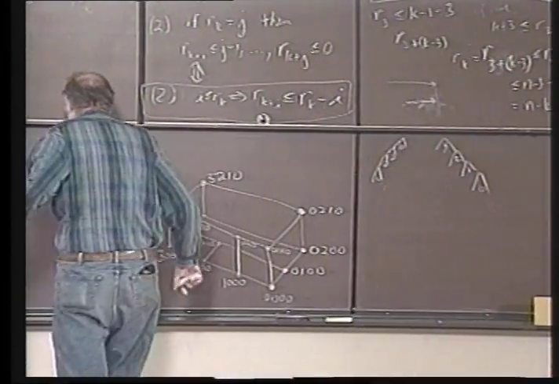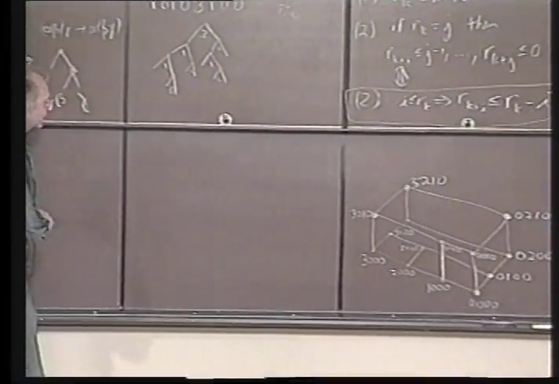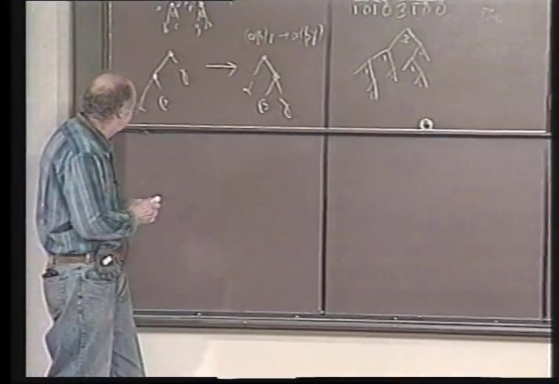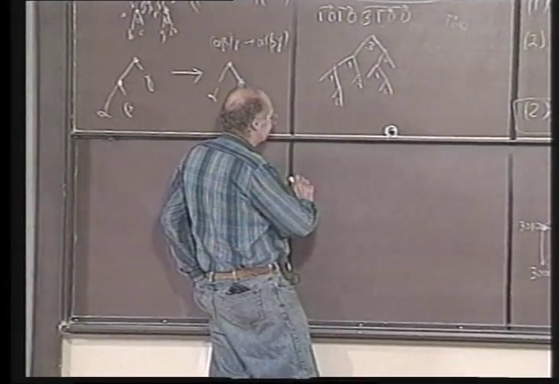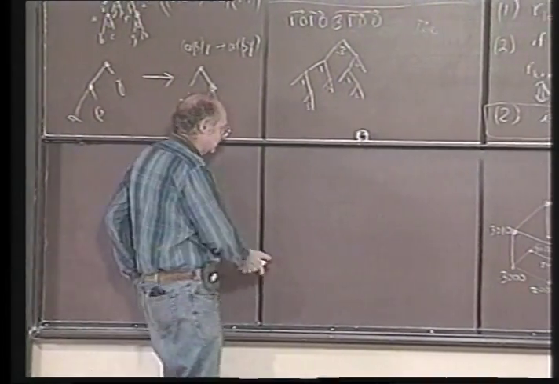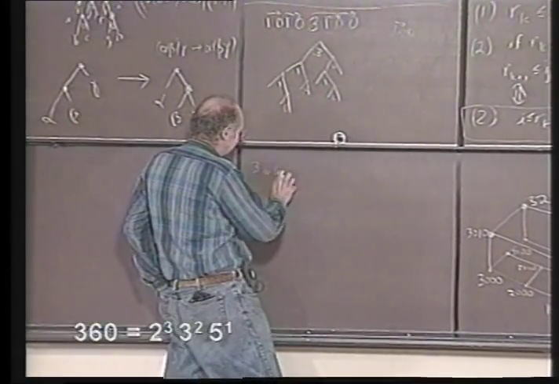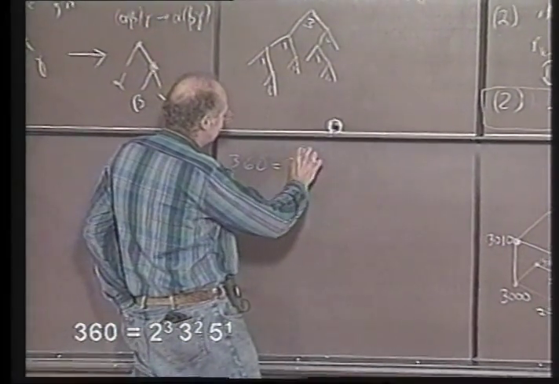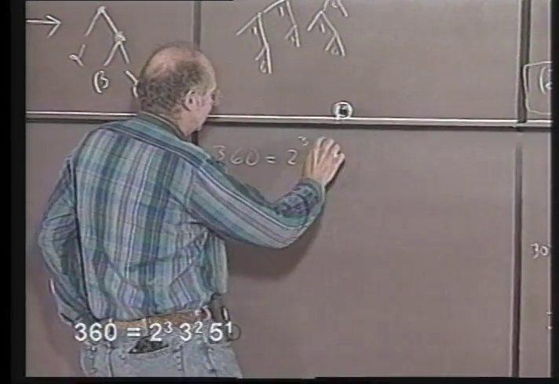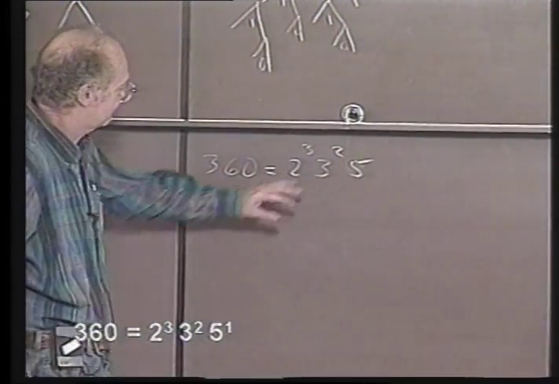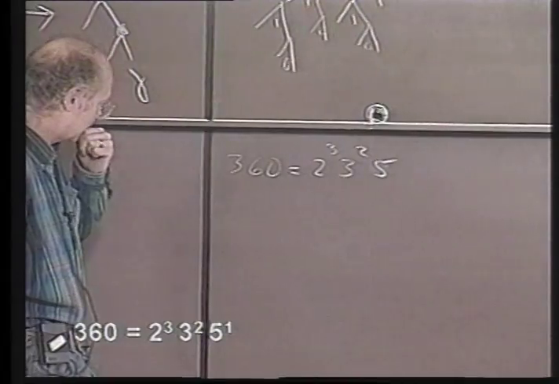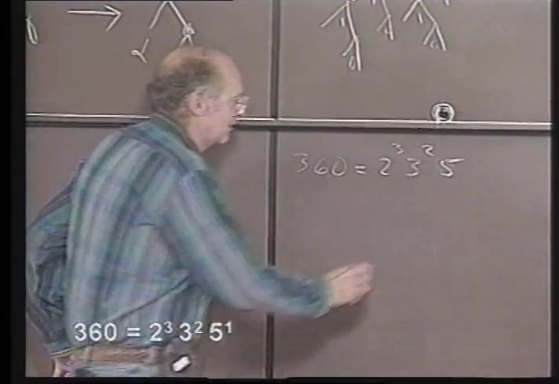Let's think of an analogy. Imagine another lattice. It's easier to think of. Consider all the divisors of 360. So 360, if I've done this right, is 2 cubed times 3 squared times 5. 8 times 5 is 40 times 9. Yeah, and so now the 5 to the first power.